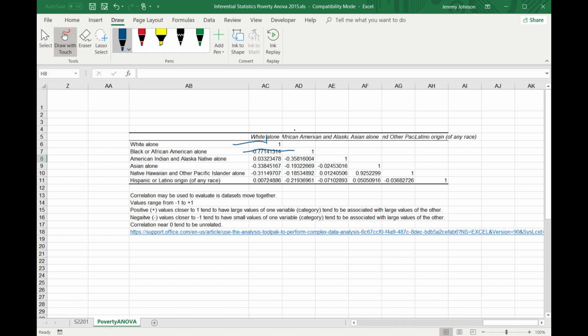This is 1 because it's comparing it to itself. And then all the way down the chain, these are all blank because they're represented somewhere else. So for example, Asian and white here is also measured here with Asian and white.